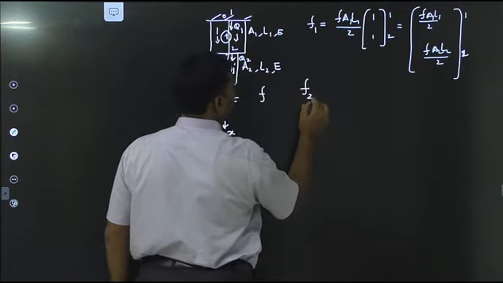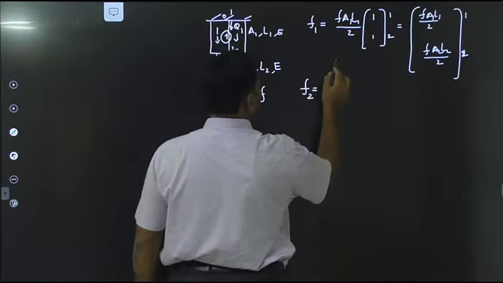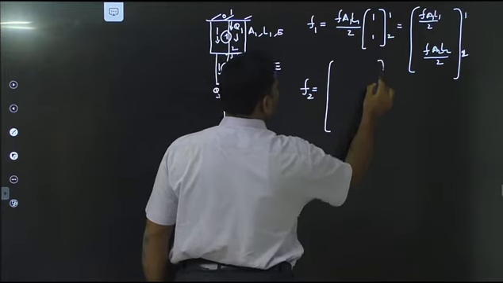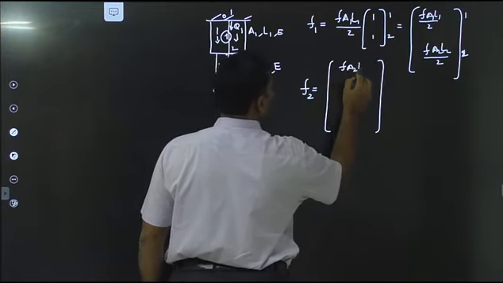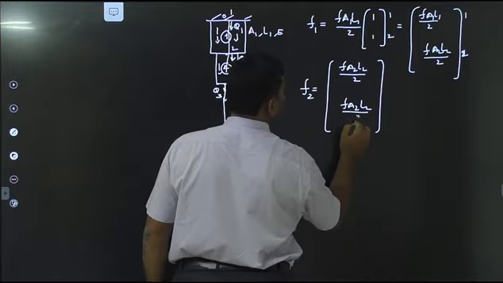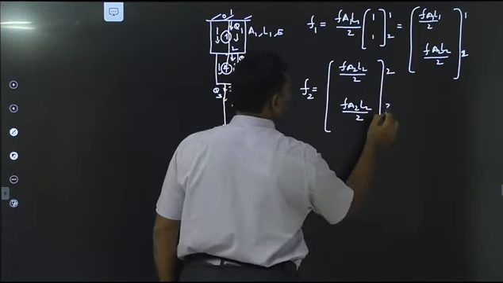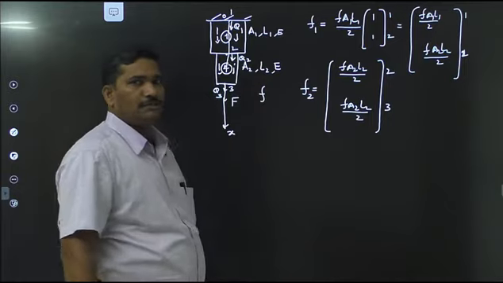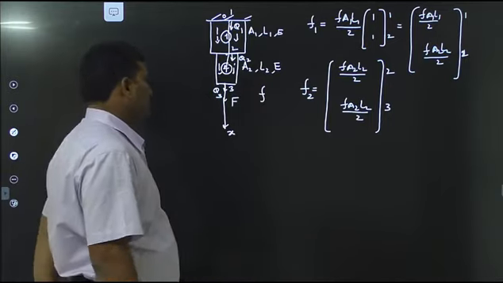F2 equals, again, straightly I write a column matrix having the elements F A2 L2 by 2, F A2 L2 by 2. These correspond to the second and third degrees of freedom according to the element node connectivity information.